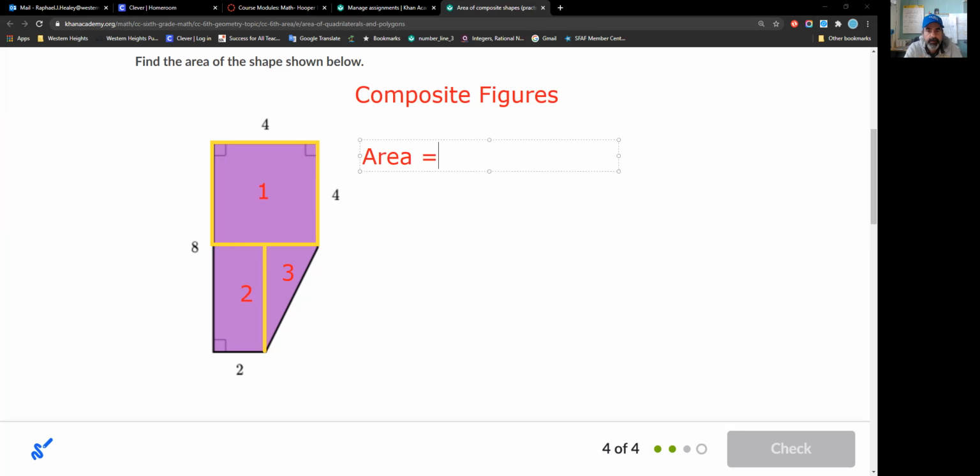So we have an area, and in this area we have a square, we have a rectangle, and we have a triangle.